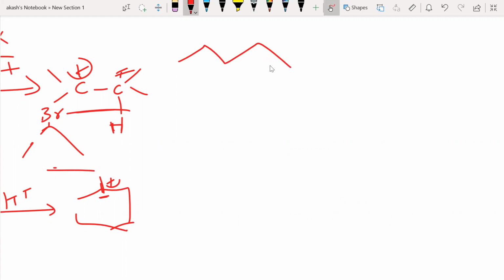Say I have the double bond here, and say there is a CH3 here. Now if I put HBr or any other reagent, water or whatever it is.